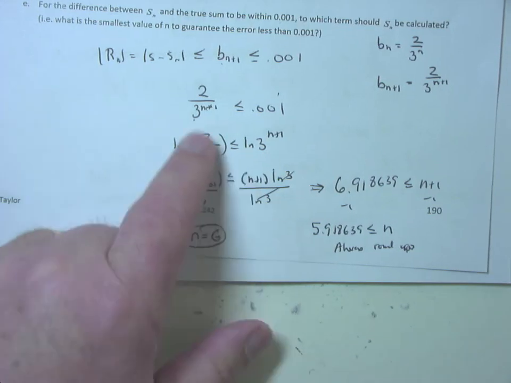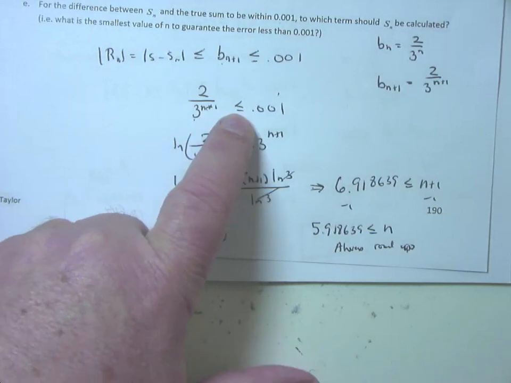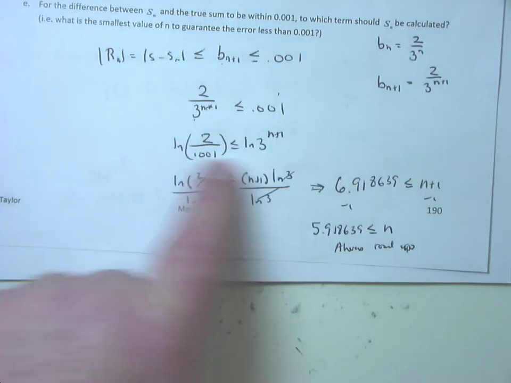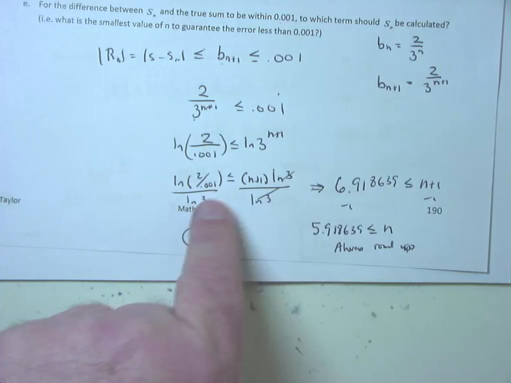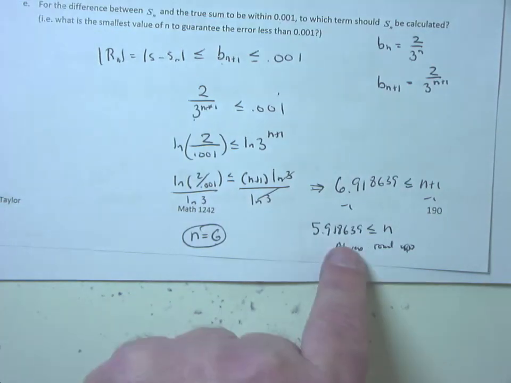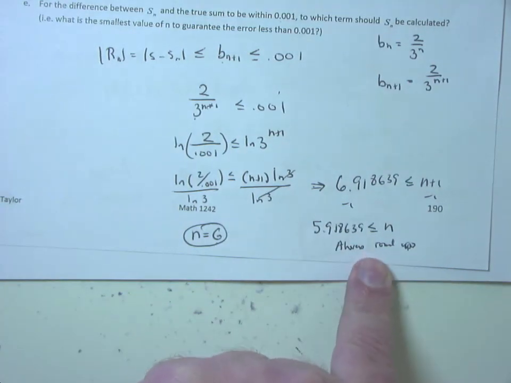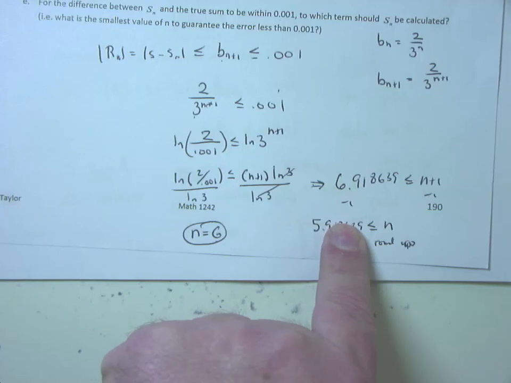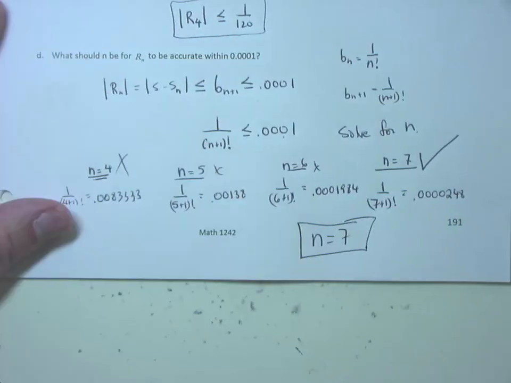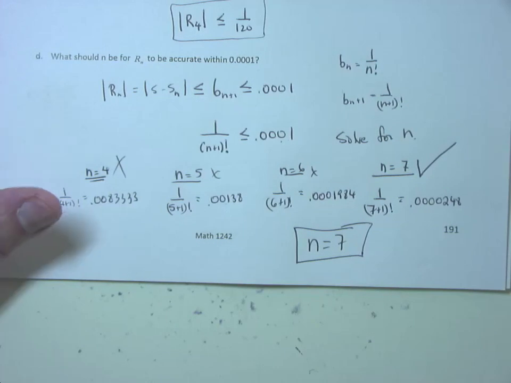And so I end up getting 2 over 3 to the n plus 1 less than or equal to 0.001. And I had to manipulate it and then use logs on both sides and be able to solve. And then I had to do some rounding. So regardless, I had to round up 5.9, so you end up getting 6. With this one, there's no solving for n in the traditional sense. It's more guess and check. Keep plugging in numbers until you actually get one that satisfies the equation.